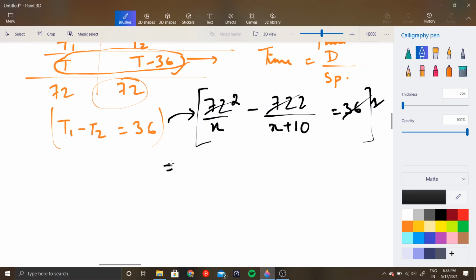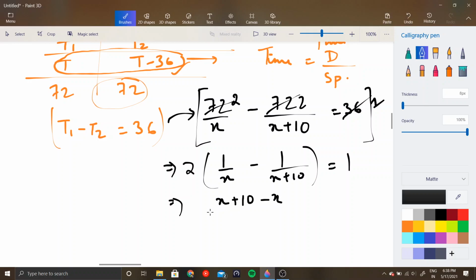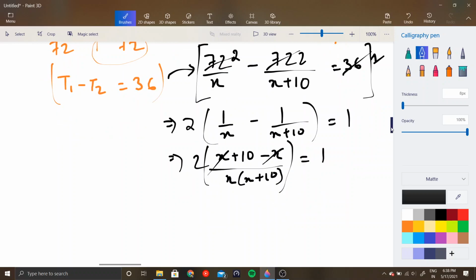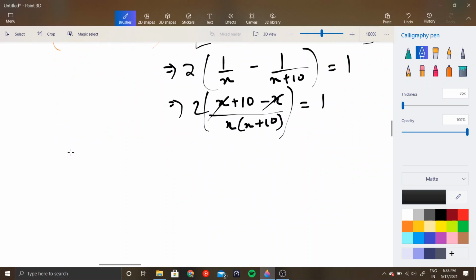Now keeping 2 common, this is 1 by x minus 1 by x plus 10 equal to 1, right? Solving this, x plus 10 minus x by x times x plus 10 times 2 equal to 1, correct? Cut this off, you get basically, what you get?